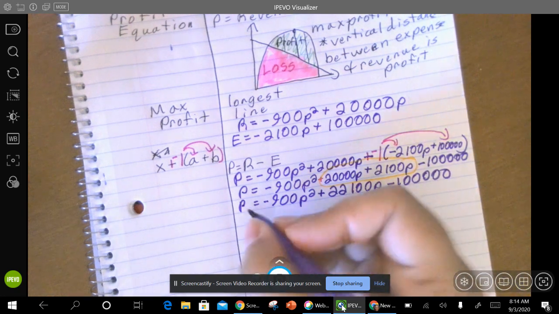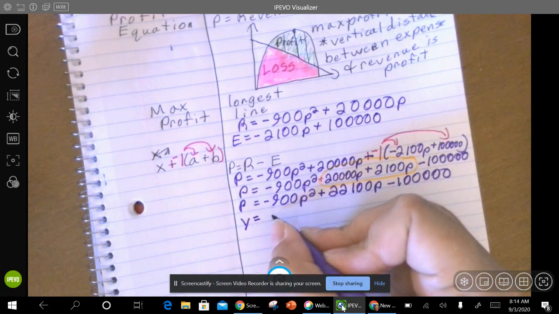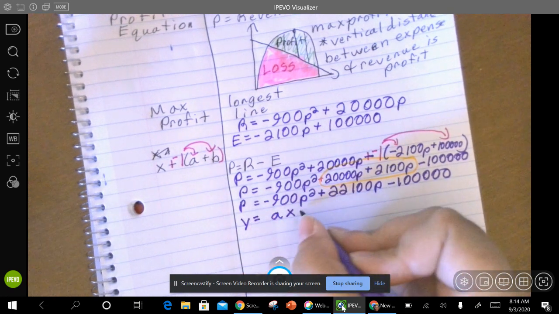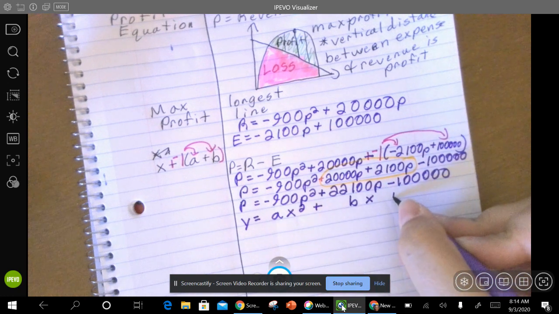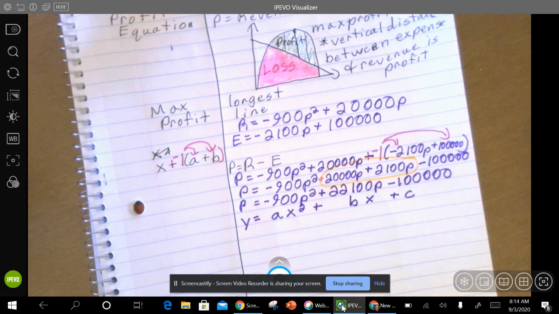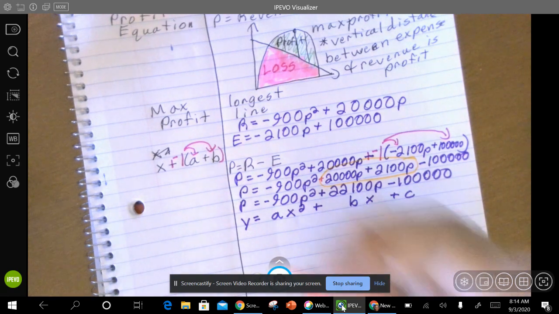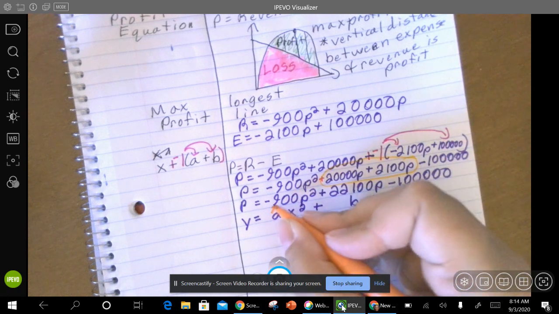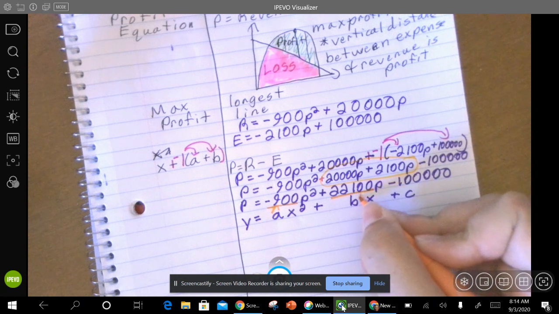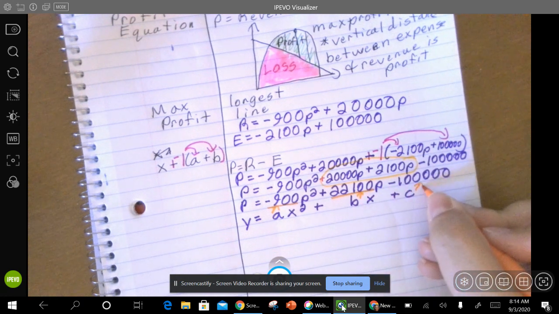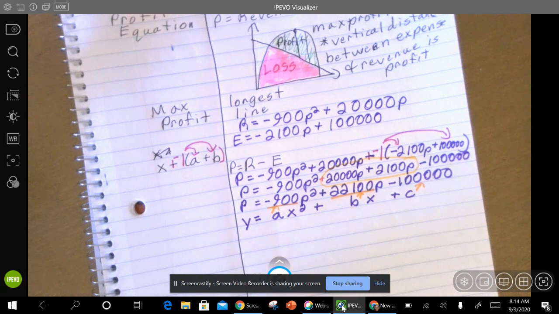Okay, so when we're doing this, everybody, remember our quadratic equation, y is equal to ax squared plus bx plus c. So our a is the -900. Our b is the 22,100. That's our b value. And then -100,000 is our c. So we're going to find the vertex using our formula.